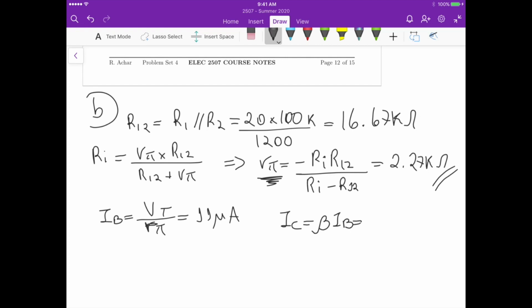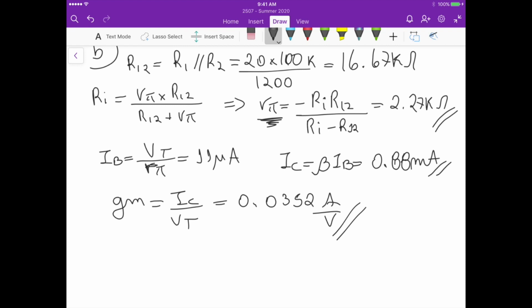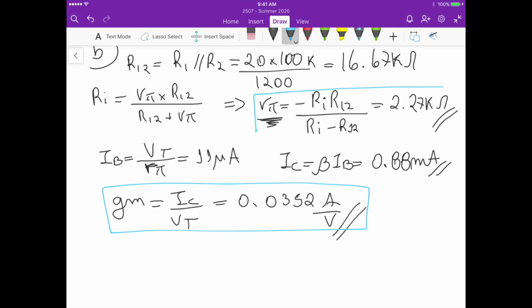So this gives us 0.88 milliamperes. And now that we know the collector current, we can calculate the transconductance. The transconductance is IC over the thermal voltage, and in this case it is 0.0352 amperes per volt. Okay, so we got those here. We also have our pi here.